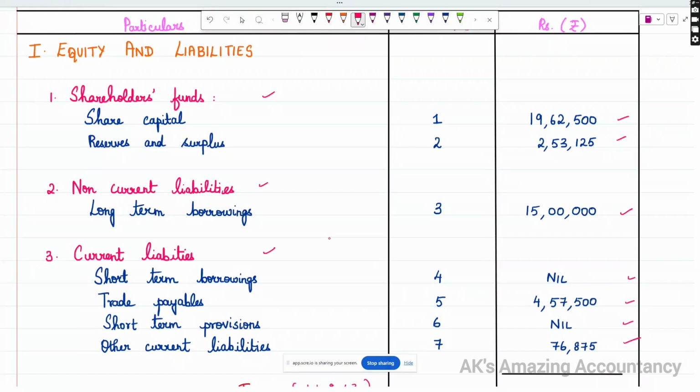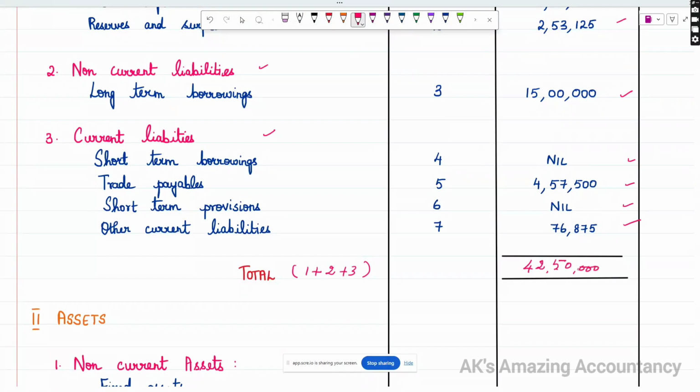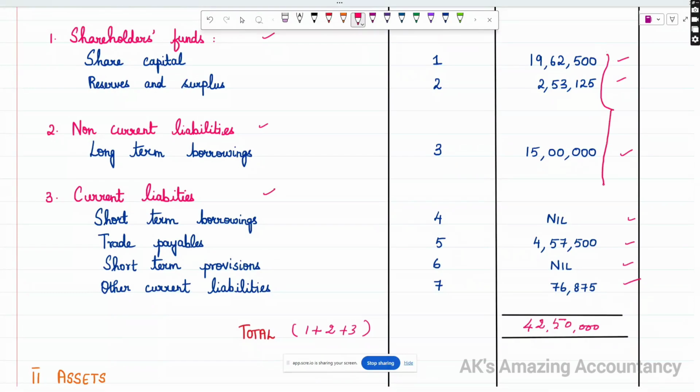When you add all these amounts together, you will be getting 42 lakhs and 50,000. I want you to add and check the amount. Blindly you shouldn't follow it. You should understand and then only you have to follow. So you'll be getting a total of 42 lakh and 50,000 as the total of equity and liabilities, which is the total of all these amounts put together.